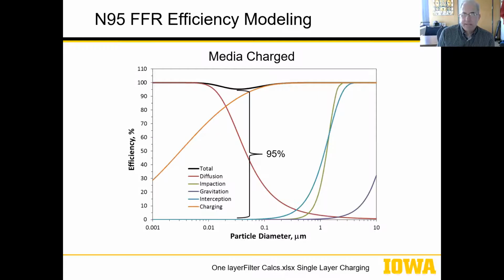So that's the test. Now, from all this, and based on the original definition that I gave you, which is that they need to be 95% efficient or greater, at least 95% efficient, this is one way to think about it: that little dip there is the lowest it can go for any size.